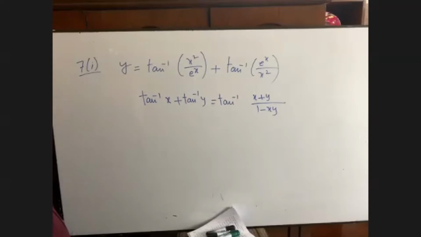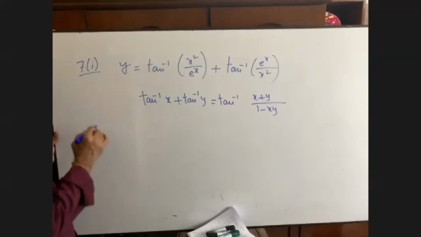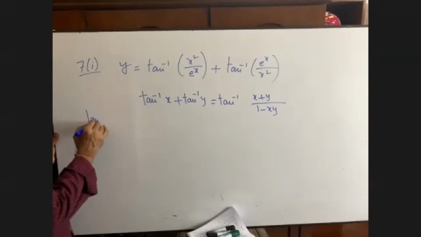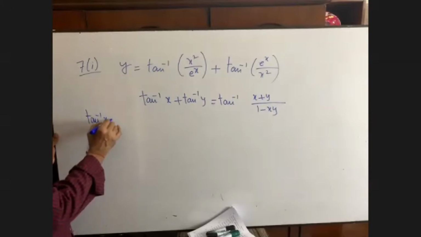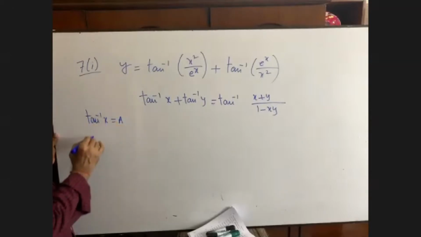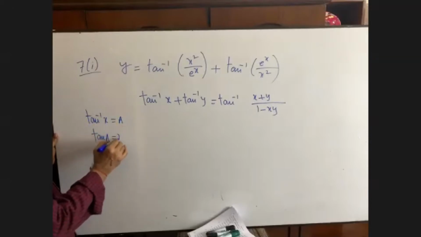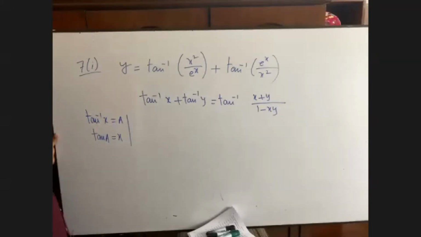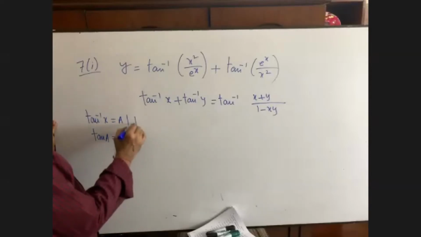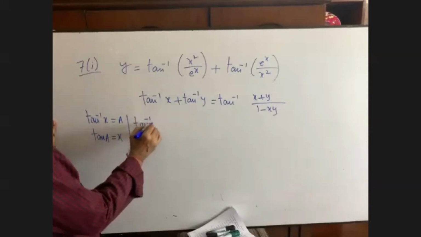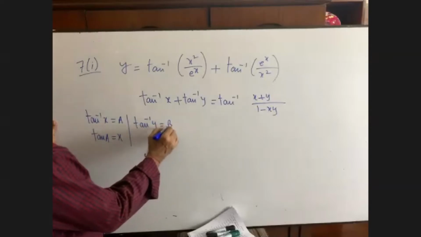Suppose you can tell me how this formula has been introduced. Very good. Write down the formula proof. Write down tan inverse x equals to a. Then we get tan a equals to x. You write down tan inverse y equals to b.